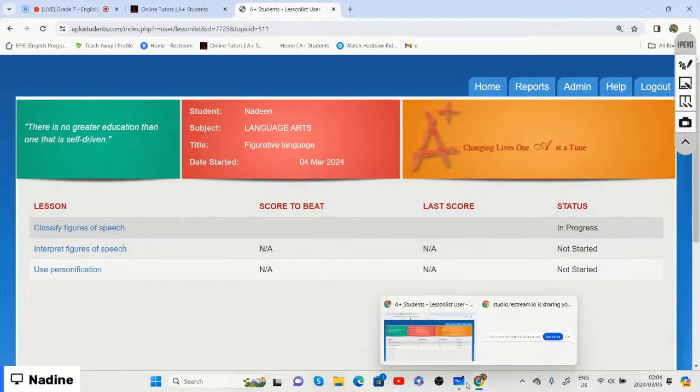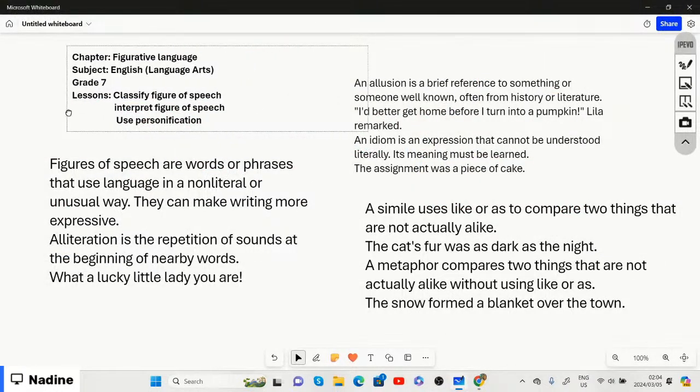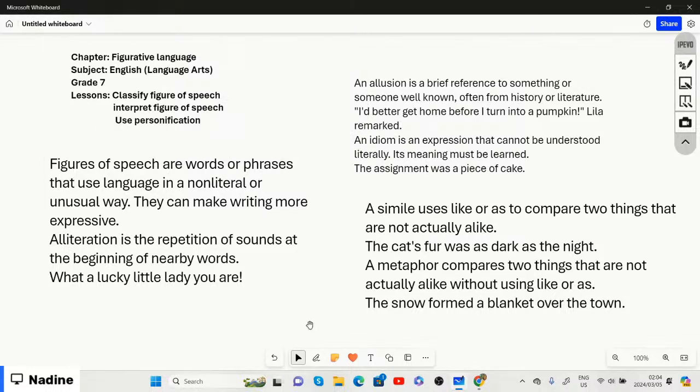All right, so our chapter is figurative language. Sorry. Our subject is English language arts, grade 7.